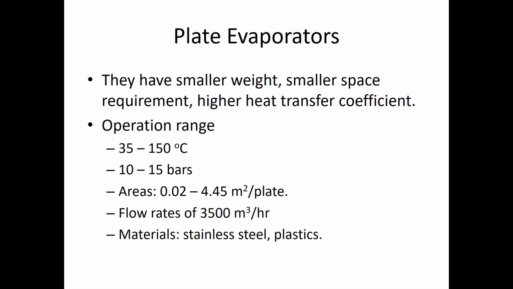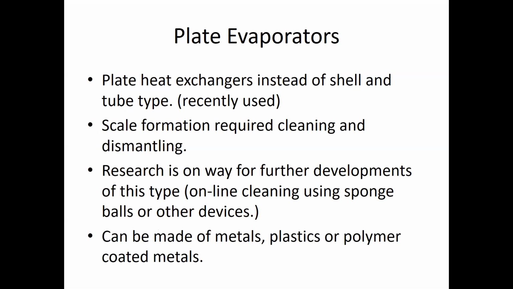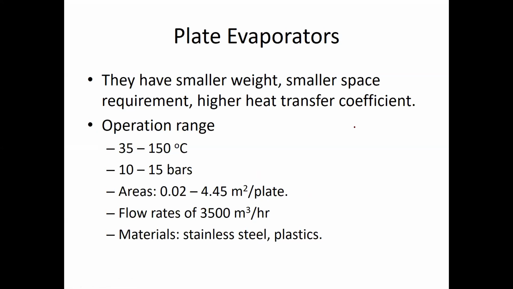Yes, go ahead. Can you please summarize again why the horizontal is better than the vertical? To put that in one word, I would tell you that for the horizontal tubes, the value of the heat transfer coefficient is high. Why high?